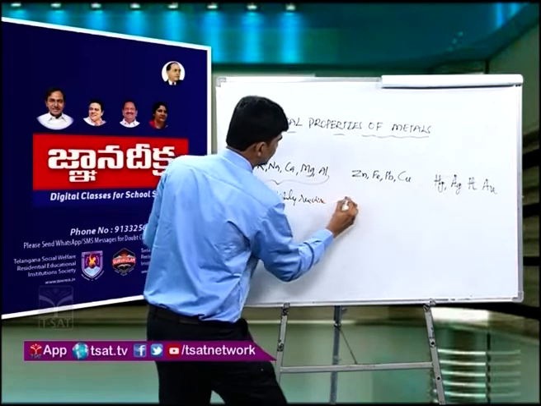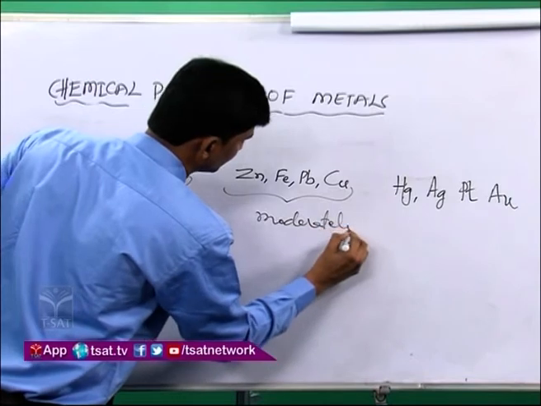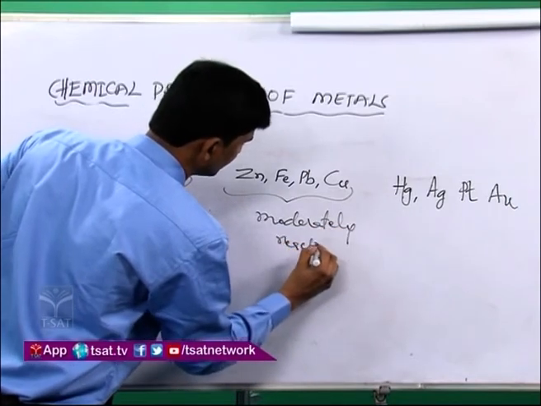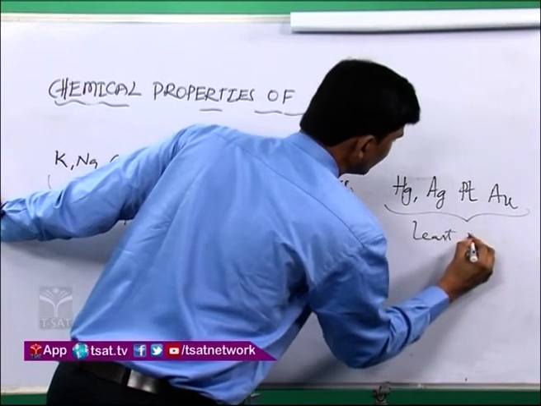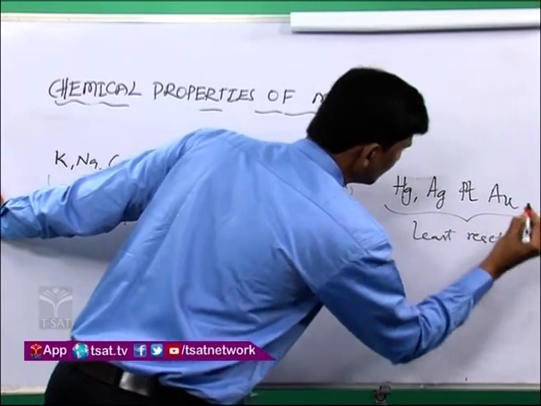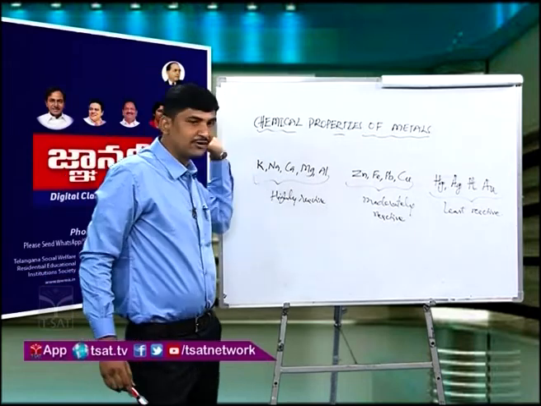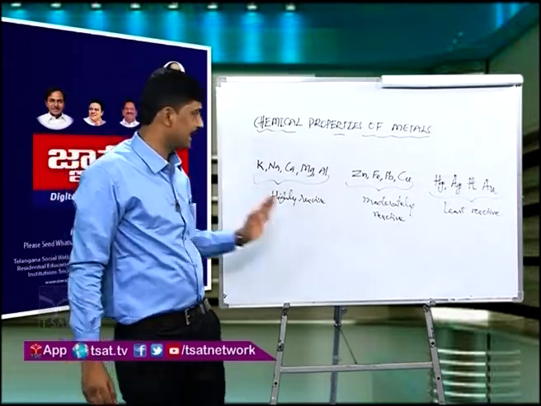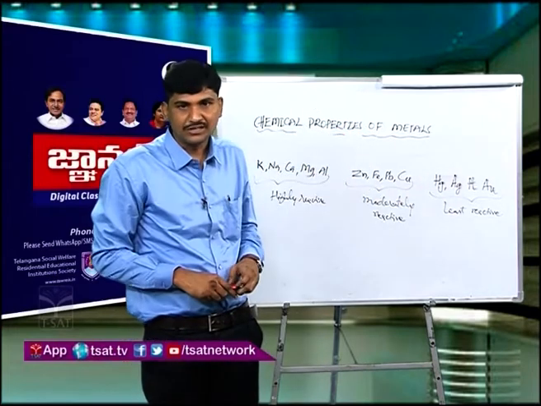Highly reactive metals. These are moderately reactive. These are least reactive. So these highly reactive and moderately reactive metals are called inferior metals, and these metals are called superior metals because they don't react with others, right?